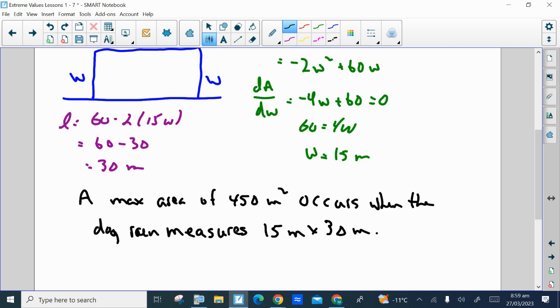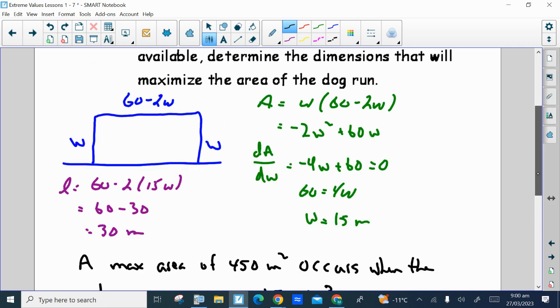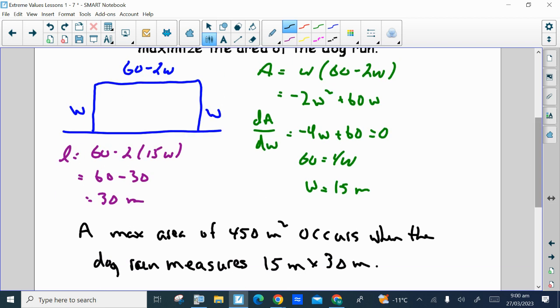So again, there's lots of different dimensions we could come up with by changing the width and the length. For example, if we said the width was 10 meters, then the length would be 60 take away 20. 10 by 40 only gives us an area of 400 square meters, which is less than our maximum area of 450. Okay?